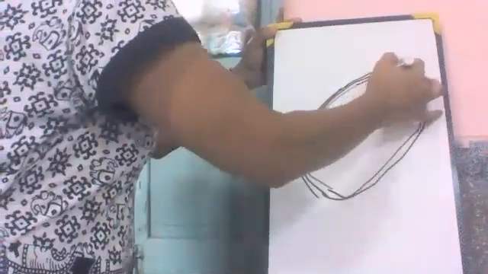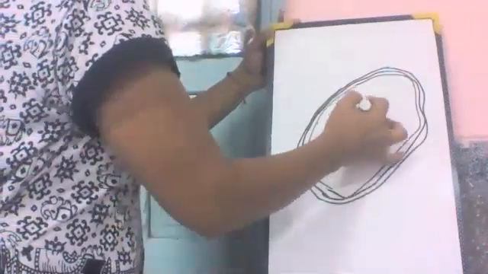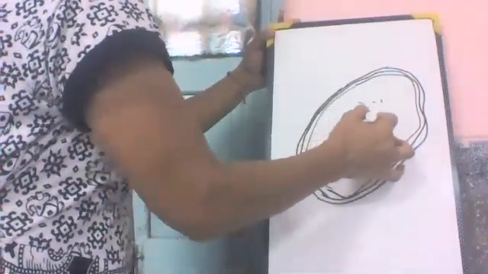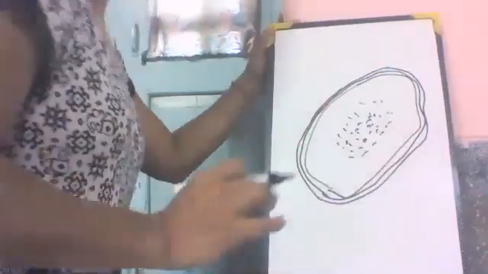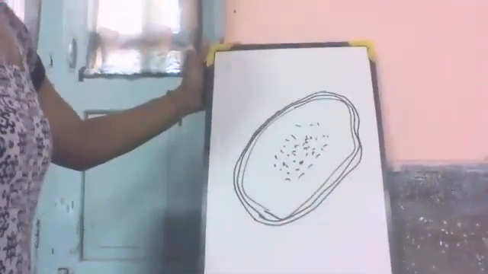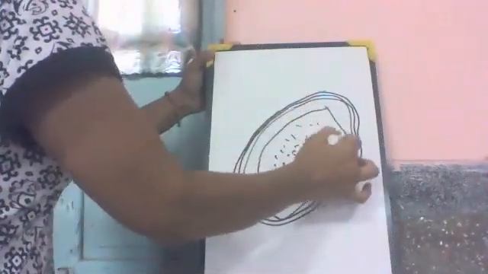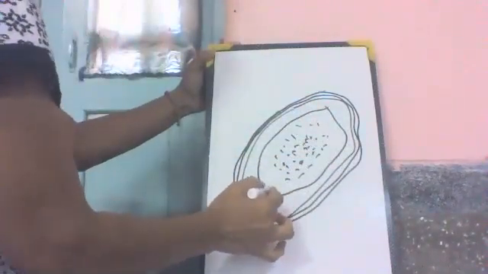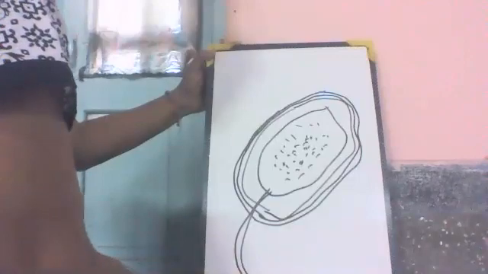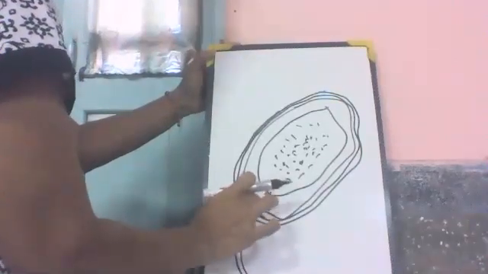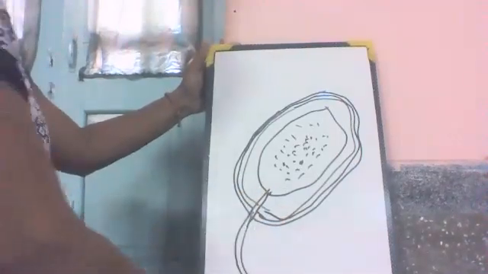The last layer of this bacteria is the capsule. Chromatin fibers are scattered in the cytoplasm. They do not have a nuclear membrane, and it has a flagella for its locomotion.